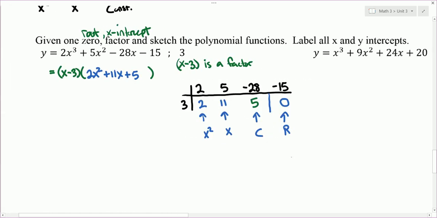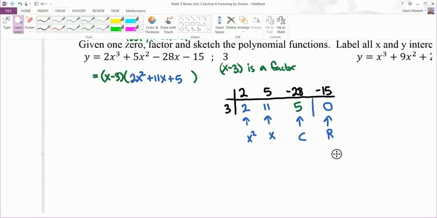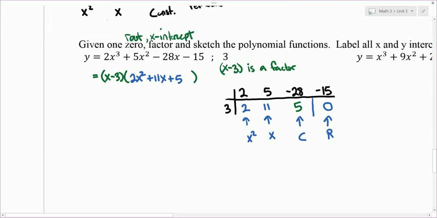So now we're going to try to factor further. We have a trinomial. We're going to think of what two numbers multiply to 2 times 5. So we want to multiply to 10 and add to 11. So what are they? You should get 10 and 1.